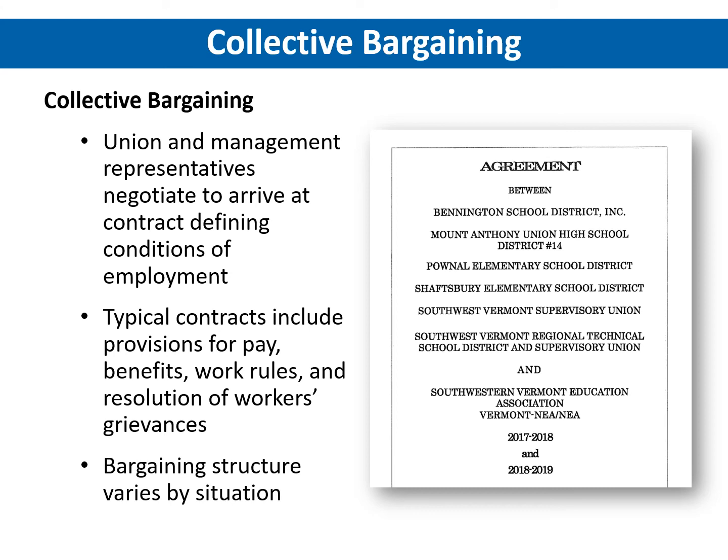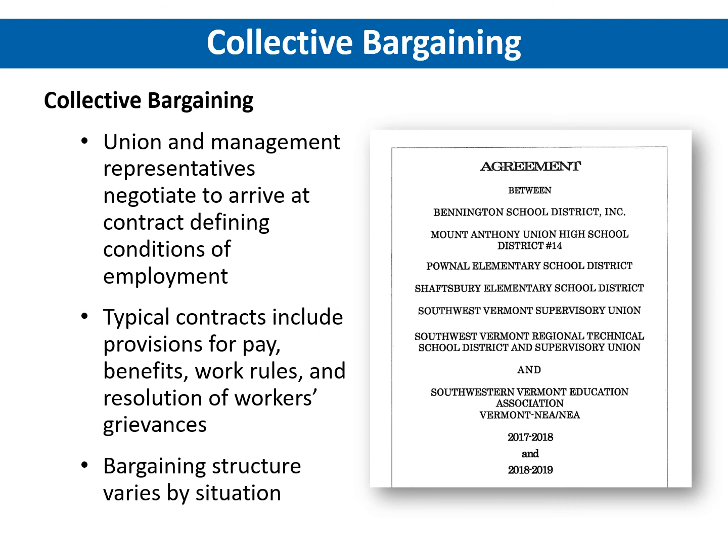Assuming that the union is not decertified, however, as a contract nears its end, the union will engage in what's called collective bargaining with the organization. What this means is that the union and different representatives of the organization's management will negotiate to try to reach a new agreement on a contract that will meet the needs of both sides.